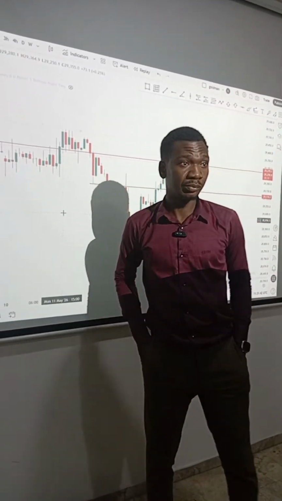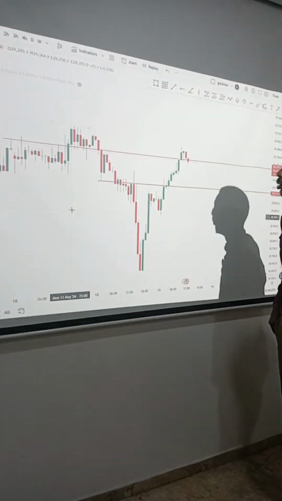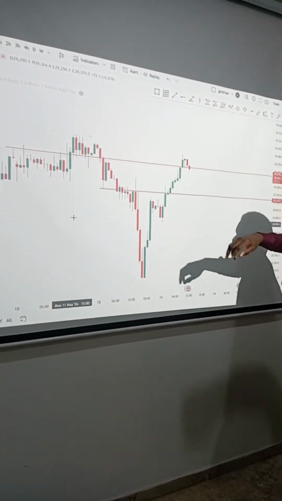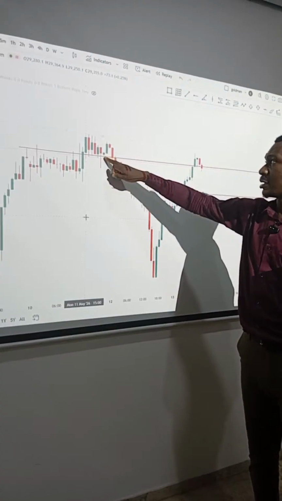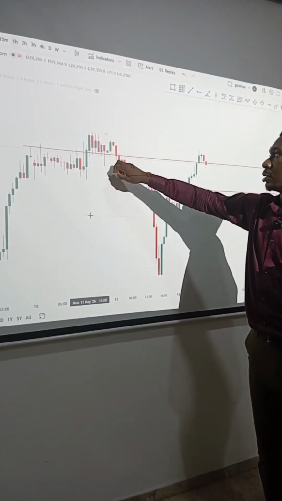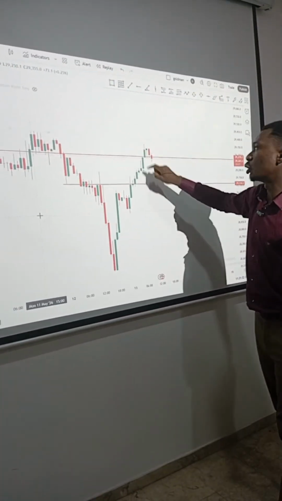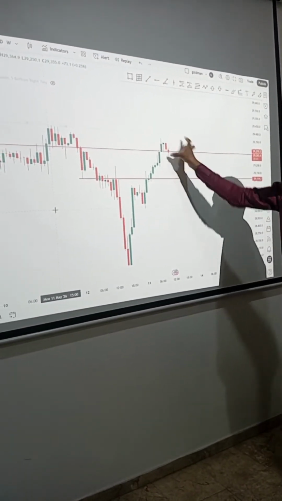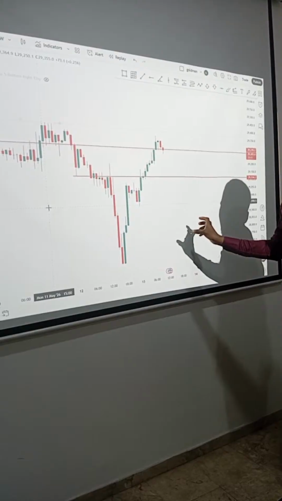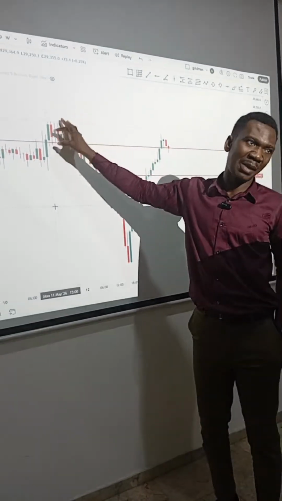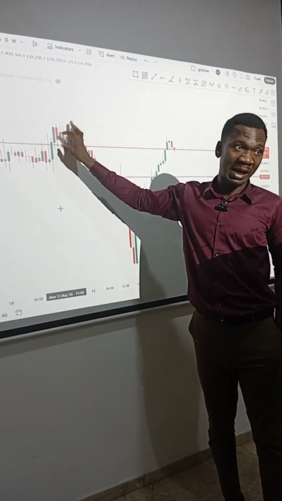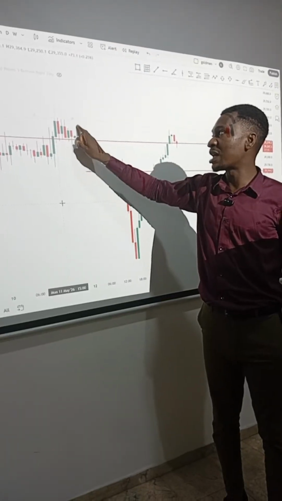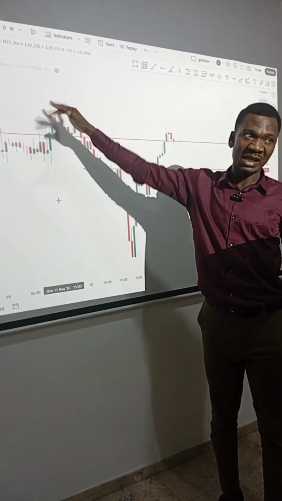Even if it's going to be a supply zone, it has not fully formed yet. A supply zone is something that has already happened, right? Something like this, rally base drop, it has already happened.